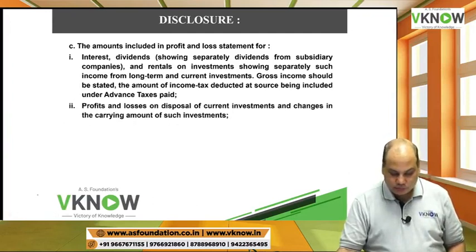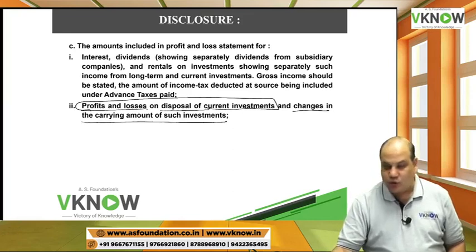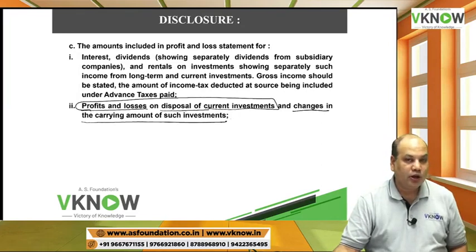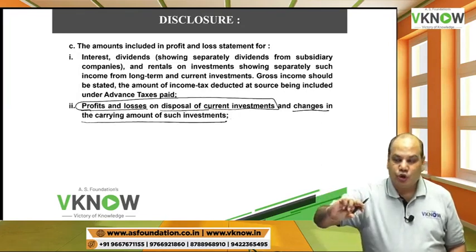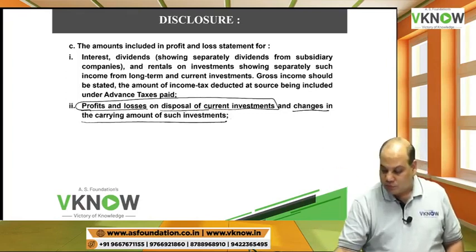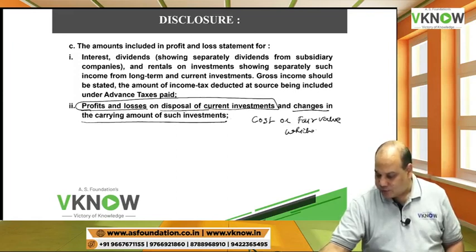Next disclosure is profit and loss on sale of current investment, and change in the carrying amount of such investment. Any profit or loss on sale of current investment will be shown. Any profit or loss due to change in the current investment value will be shown, because current investments are valued at cost or fair value, whichever is lower.